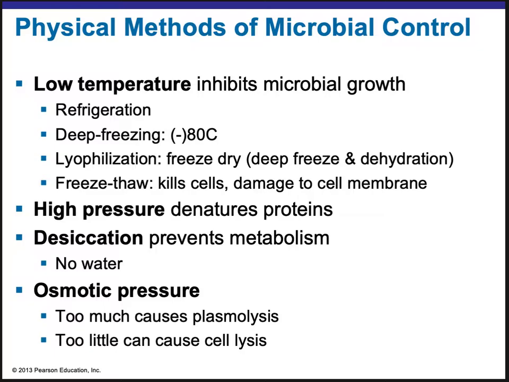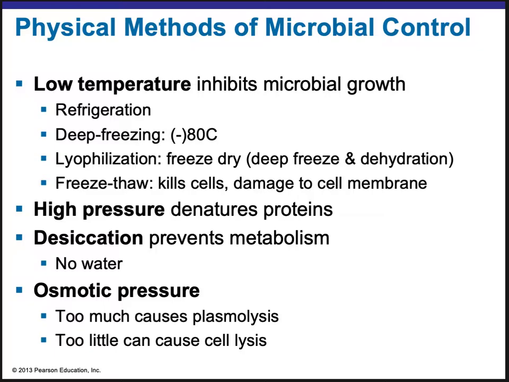All right. Osmotic pressure is another way, and we use this a lot in food where we don't want to expose it to such high heat that we change its texture. And so we use osmotic pressure to preserve foods quite often.